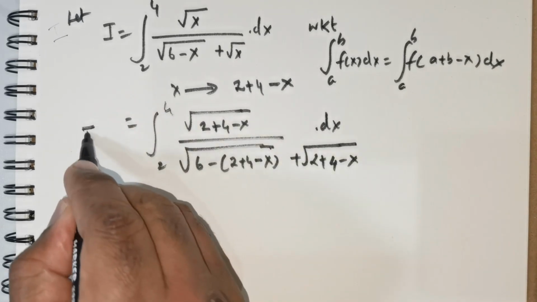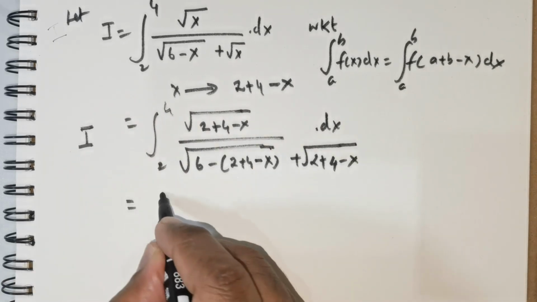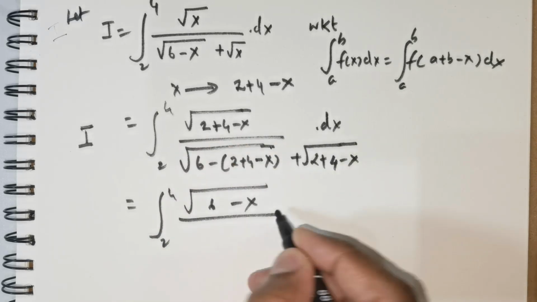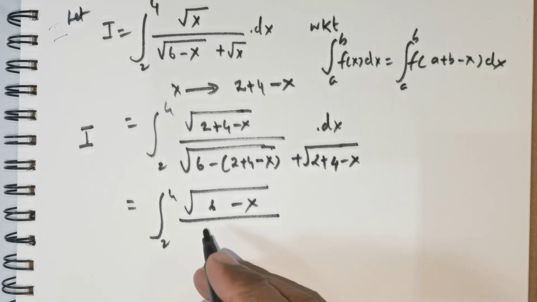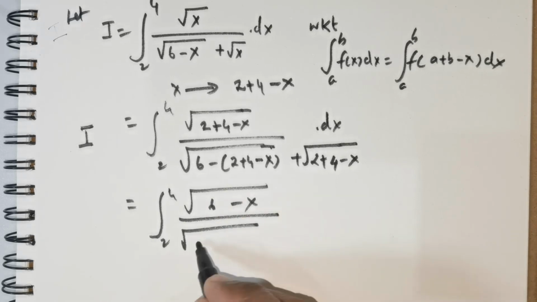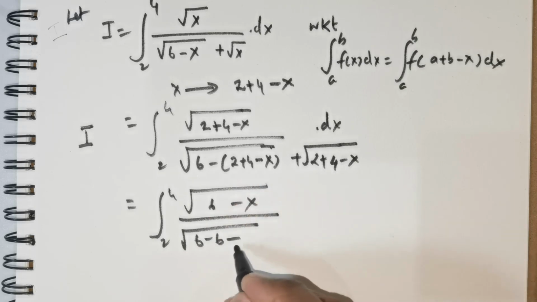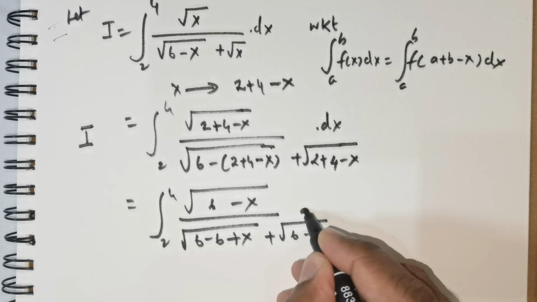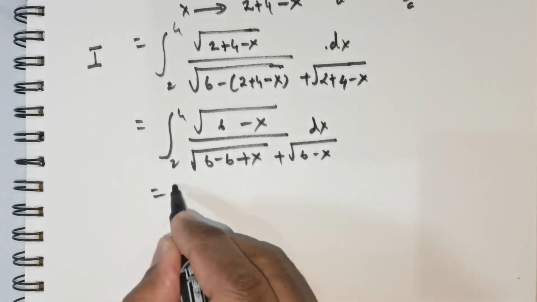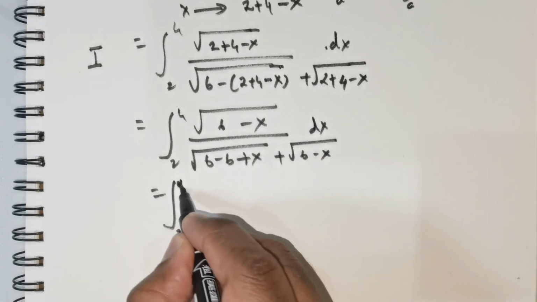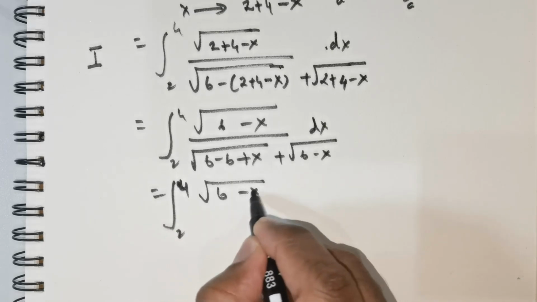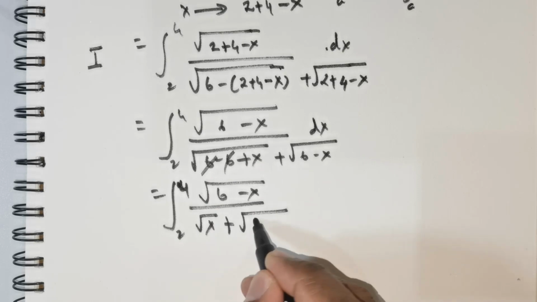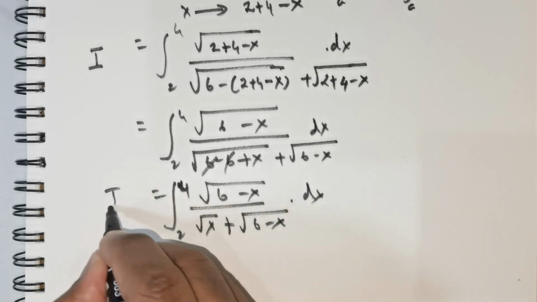So on the left you got I. Now this can be rewritten as integral 2 to 4 root of (6 − x) over root of (6 − 6 + x) plus root of (6 − x) dx. So this is equal to integral 2 to 4 root of (6 − x) over root x plus root of (6 − x) dx, and you got an I there.